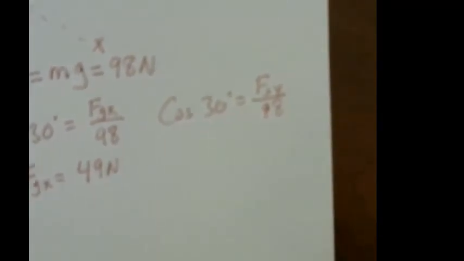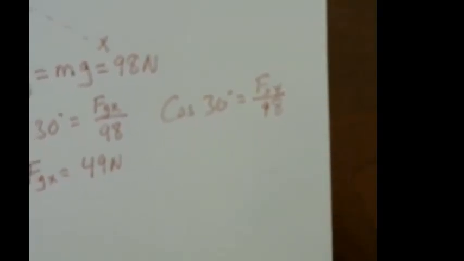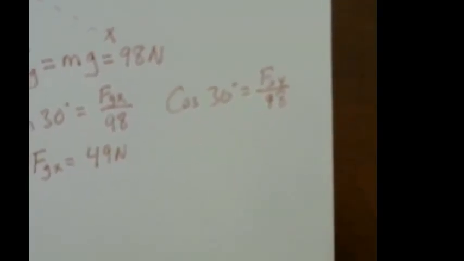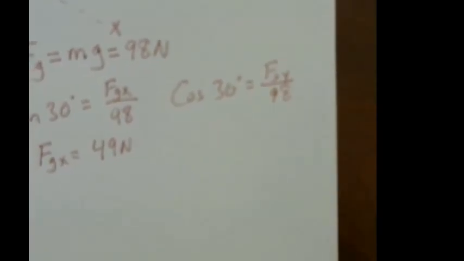I do need my calculator for this one. Don't really care to deal with exact values. I want an approximate decimal value. 98 times cosine 30 degrees. Focus is really bad, I apologize.